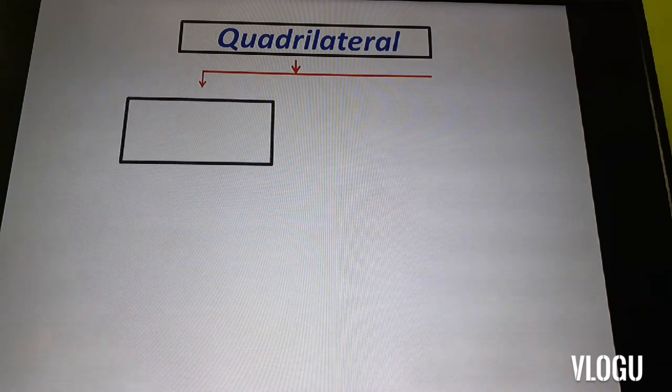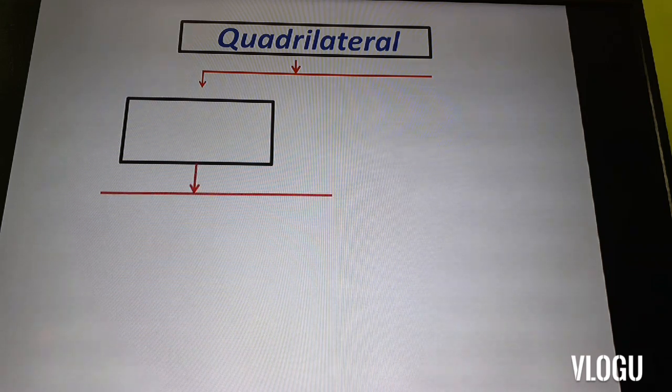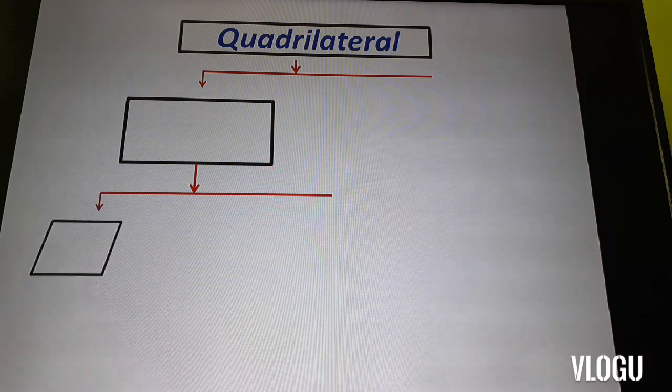I have first my quadrilateral in the name of the rectangle. Can I say that a rectangle can be a rhombus? Or should I say, a rectangle is a rhombus?